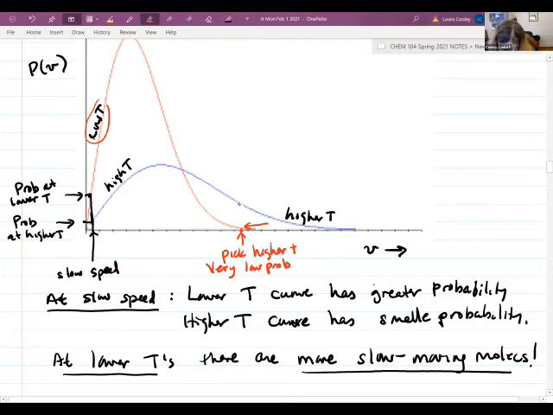And let's compare it to over here. This is the higher probability of the high temperature curve molecule having this speed.